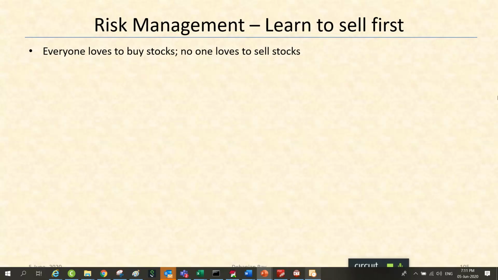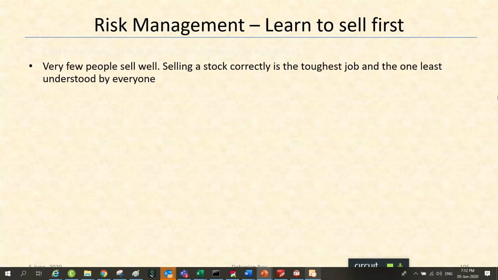And the right time when you should exit from the stock is very, very important, because when you buy the stock, you think that it is like a child, which is not true. So you have to know when to sell the stocks. You may not like it, but even with a small thing, you can sell the stocks.